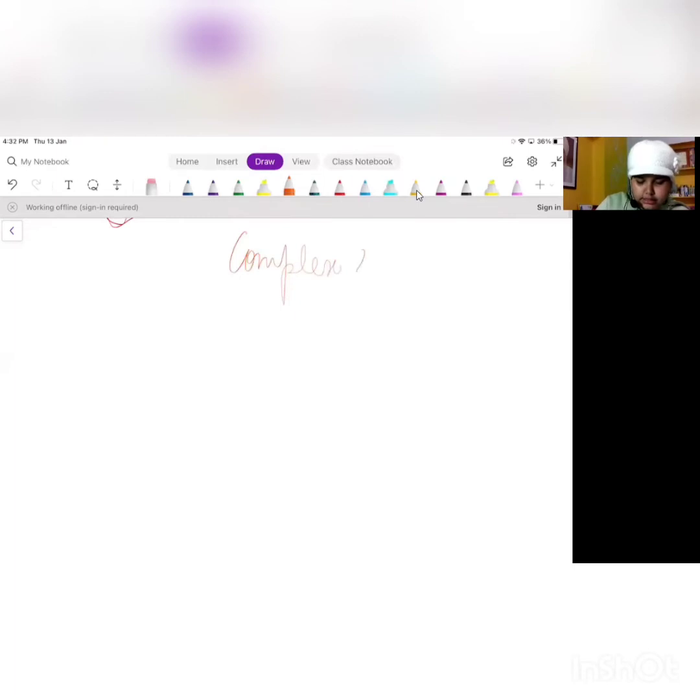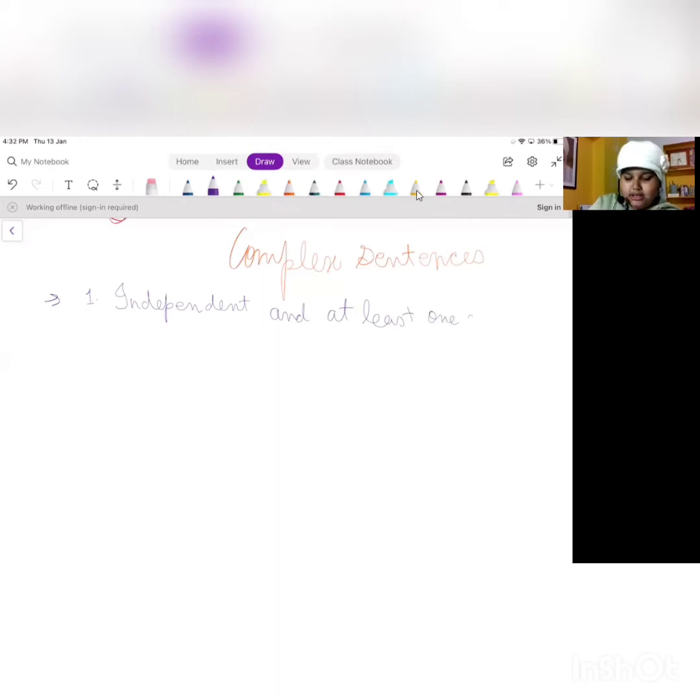Complex sentences. It's very easy. Don't get confused. So first of all, important points. One independent clause and at least one dependent clause.